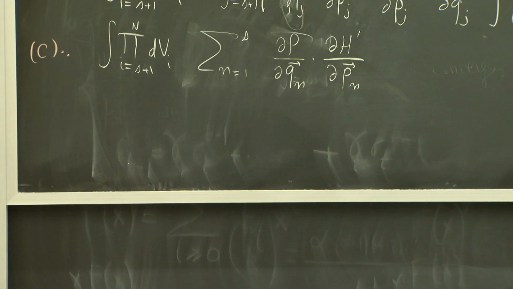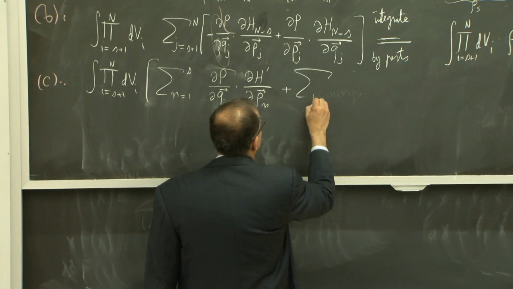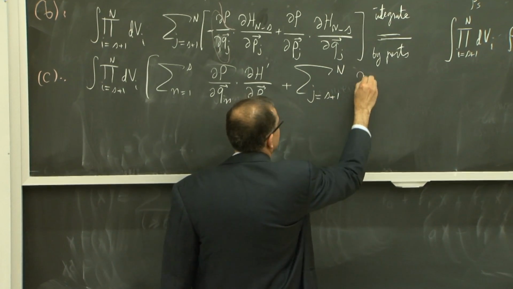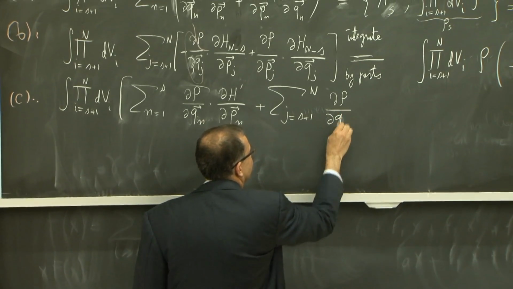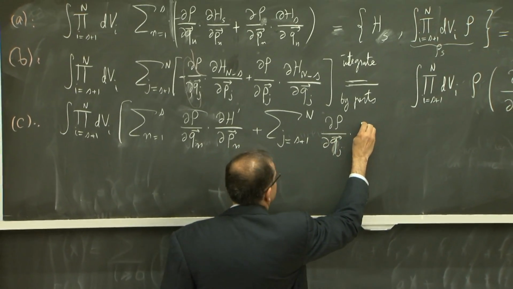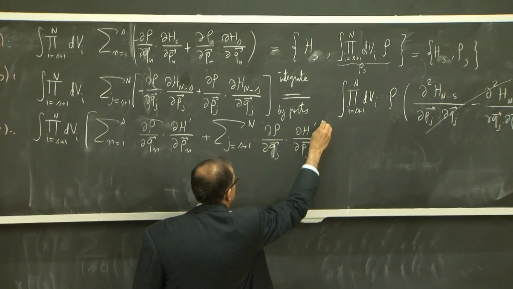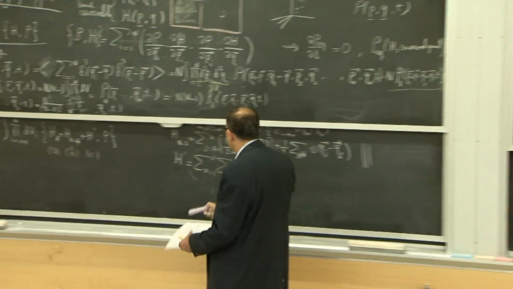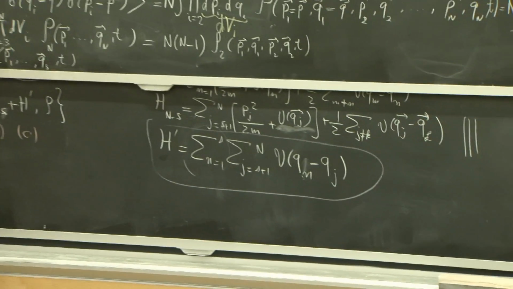And then I have the sum j running from s plus 1 to n, d rho by dpj, qj times the h prime by dpj. And again, my h prime is this entity over here that couples coordinates from both sets.